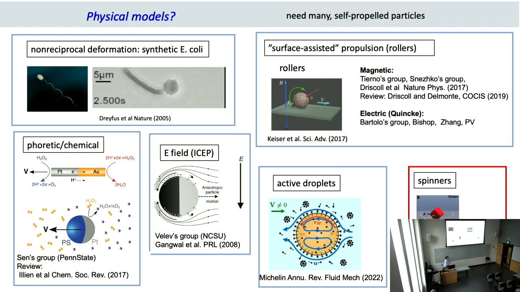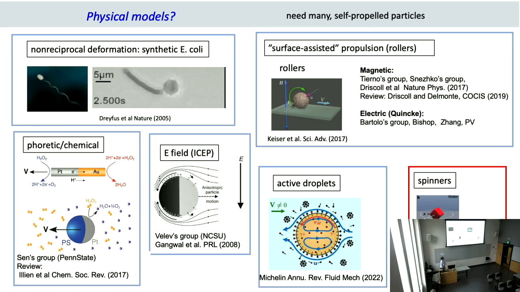However, this kind of design does not lend itself to studying collective dynamics, because producing a lot of these is just impossible. There are some other ideas. People use chemical particles, electrically driven, and so on.